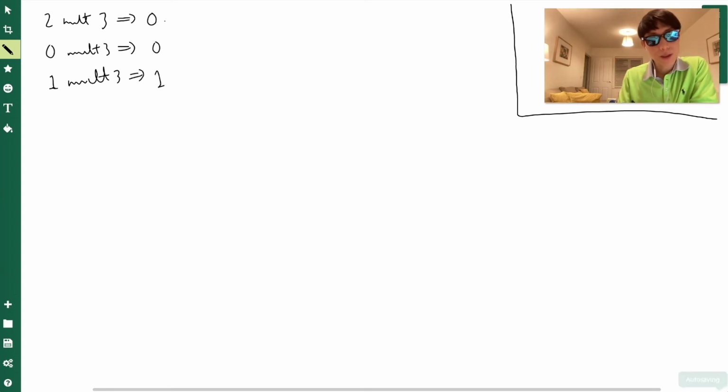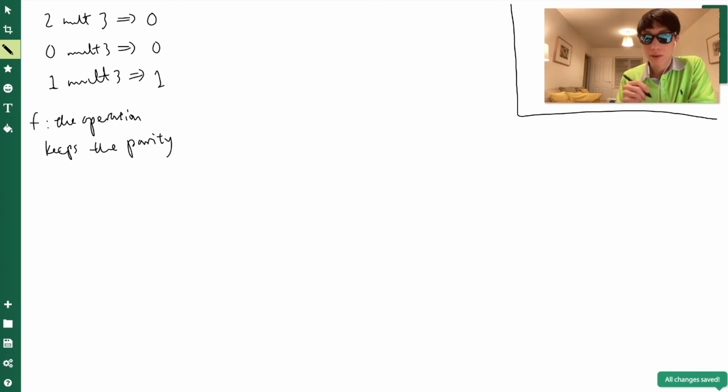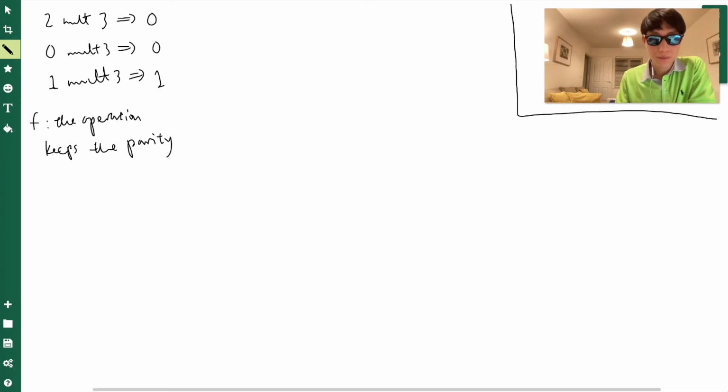This is pretty much saying that the operation f keeps the parity, the evenness or oddness, of the number of multiples of 3 in the list of numbers that you have.